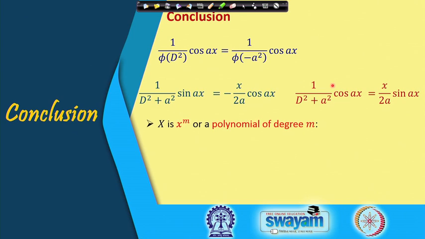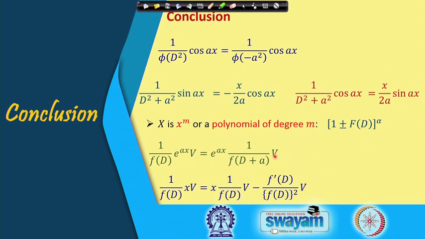When x power m, the right hand side is a polynomial, this idea will work that we can write down the denominator as 1 plus or minus f(D) power alpha, which we can take to the numerator and expand it. We had another direct formula that e power ax is sitting with some function of x, then this exponential e power ax can be taken out, and then there will be a shift in D, D will be shifted by D plus a.